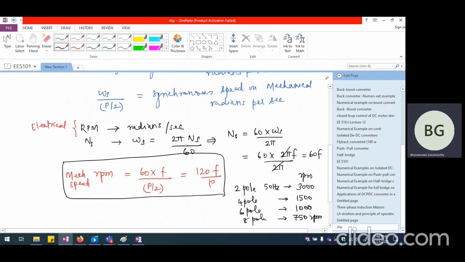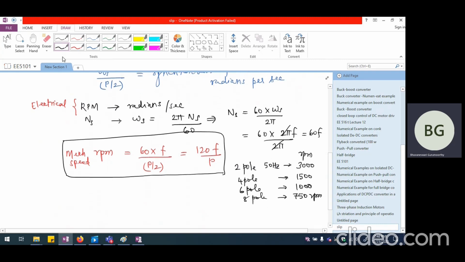So omega R has to be slightly less than this. So typical values for a 2-pole induction motor, if I try to look at what is NR or omega R, that is going to be slightly less than 3000, maybe 2950 RPM or 2900 RPM. Similarly, for a 4-pole induction motor, speed will be something like 1450 or 1470 RPM.